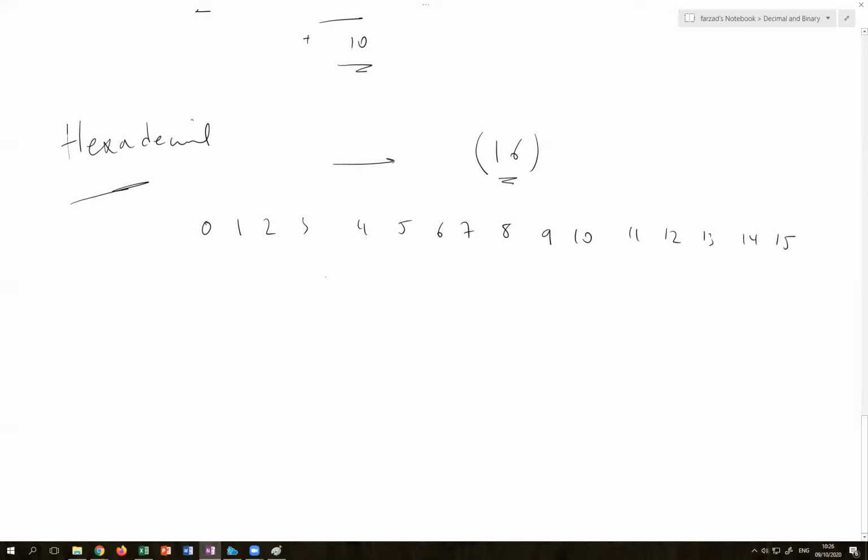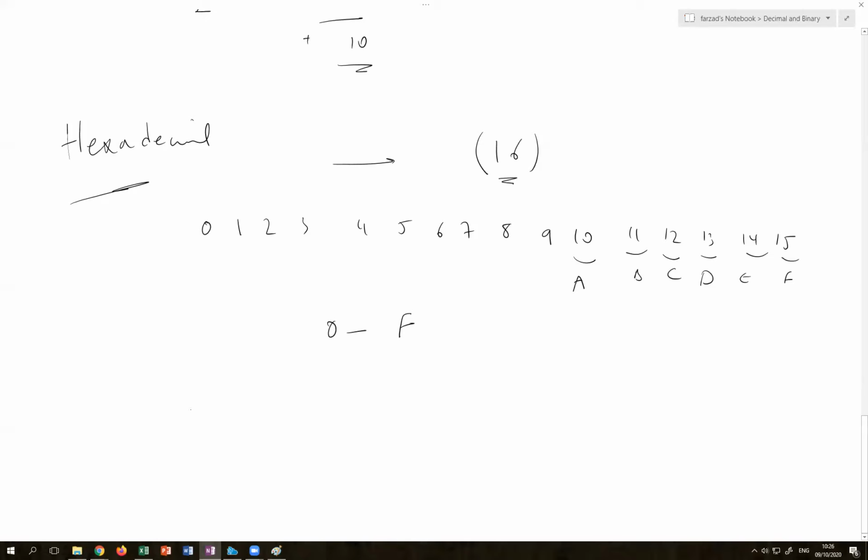Now we've got actually 16 values that we can put in each place because that's base 16. But how can we represent 10? We show it by A, we show it by B, C, D, E, and F. There you go. So in hexa, we have values from 0 till F.